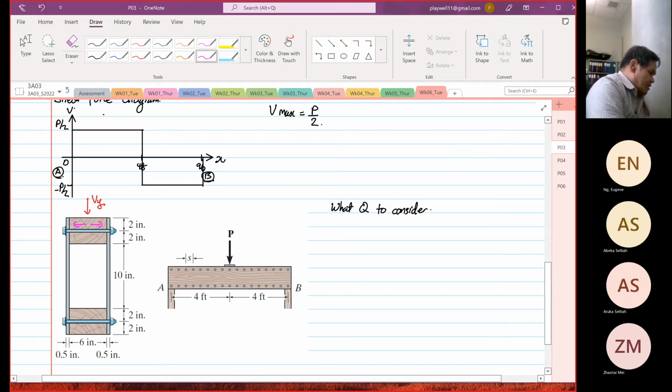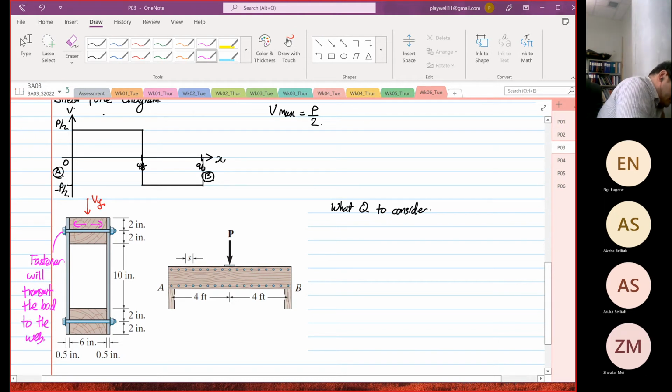And then the fastener will transmit the load to the web. So this is our member, right? Our wooden member, yes or no? All of it is made of wood. So that is our member.